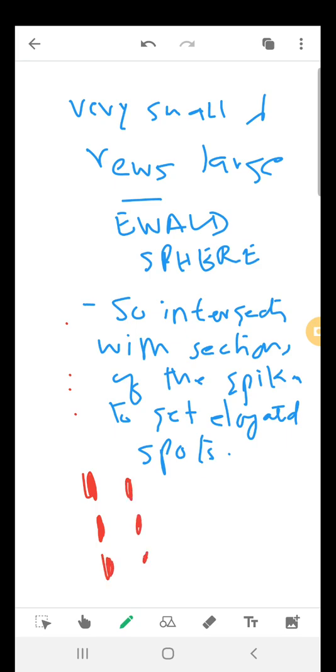This is the spike. Since it is long, the intersections are elongated. That is why we are getting elongated spots.